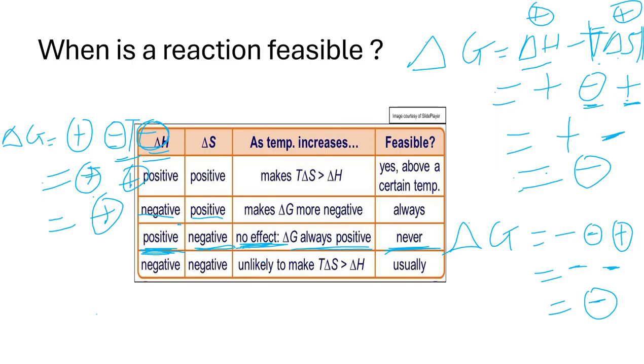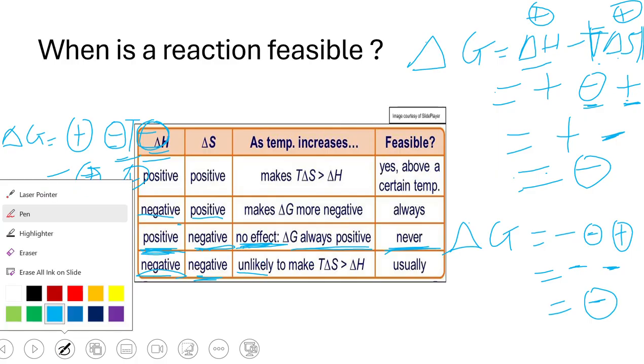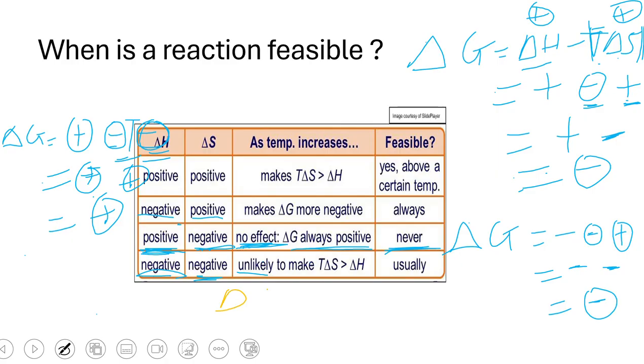And if the delta H is negative and delta S is negative, it will be unlikely. We can see it here. Delta G is equal to enthalpy change minus T multiplied by the entropy change.